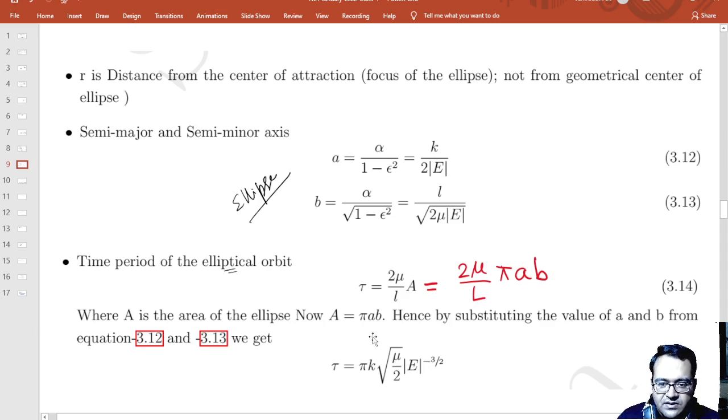So the time period depends on the energy with power minus 3 by 2. This also might be useful at times.